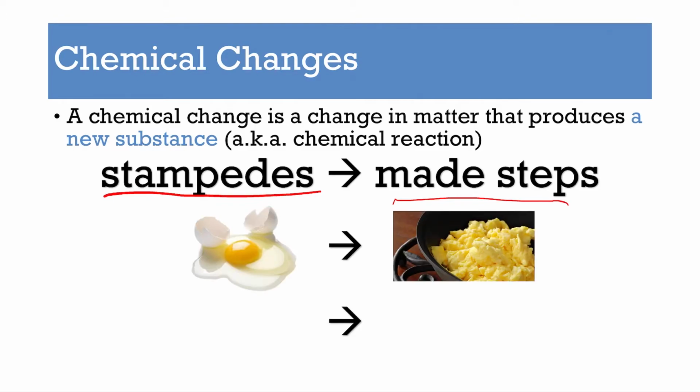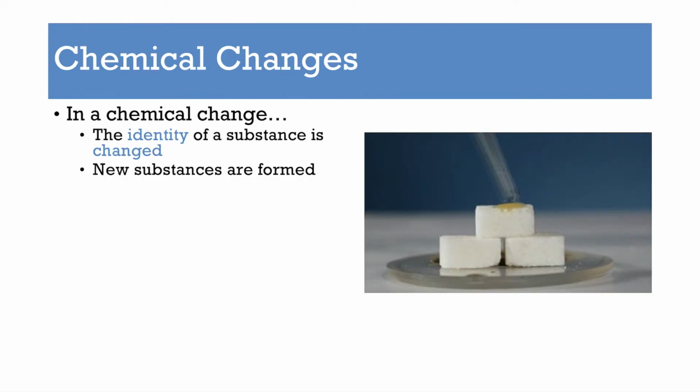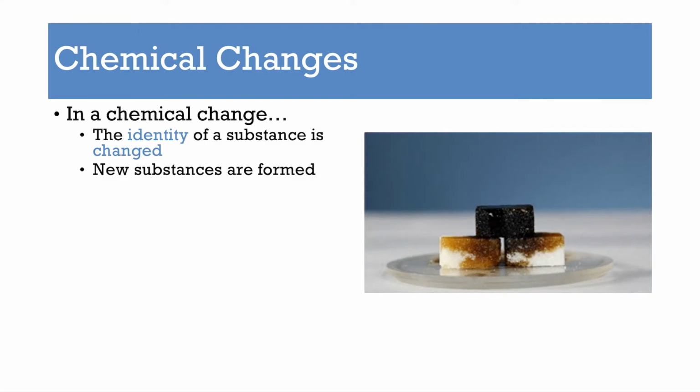Other examples are cooking an egg. You have this type of egg, and now you have scrambled eggs. You have a bike, and then you have rust. So in each of these things, you've made something new. In a chemical change, again, the identity of the substance changes and it now becomes something new. You've formed a new substance.